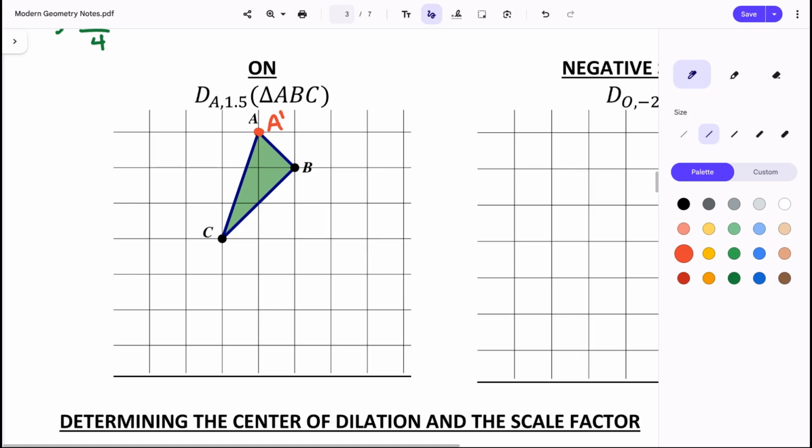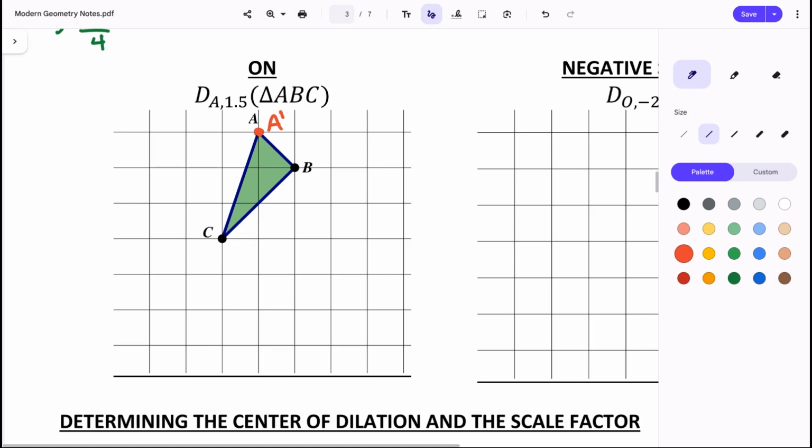You had a problem like this on your homework yesterday where the center was on the shape and you had to do your construction with it. That one point, though, didn't move at all. It stayed there. So we don't have to do 3 sets of slope this time because A doesn't move at all. Instead, we need to just do A to B and A to C. So we get to cut this down by 1 step.